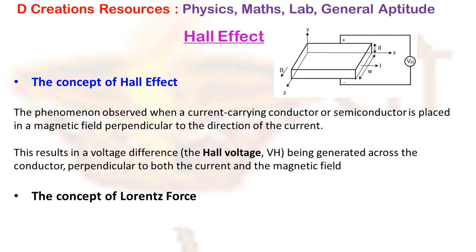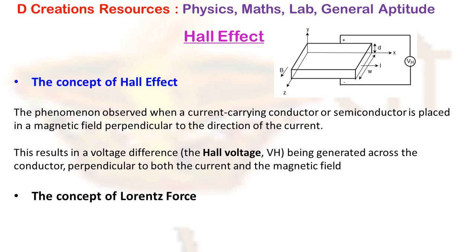Now please understand that the direction of current and direction of magnetic field is perpendicular, and the direction in which these electrons are pushed. And when I say these electrons are pushed, we also need to take into account that they are negatively charged. So had there been particles positively charged, they would be pushed directly in the opposite direction.